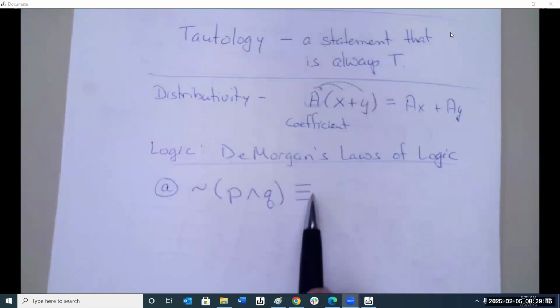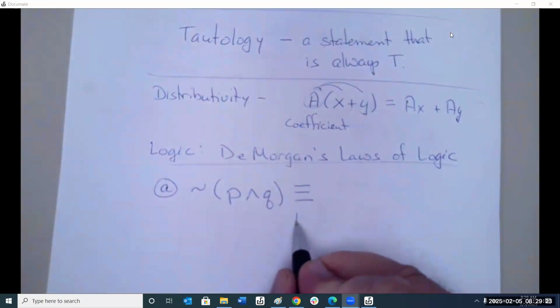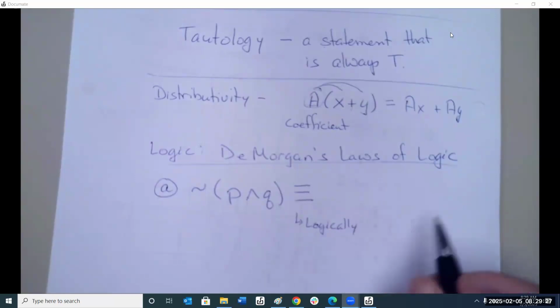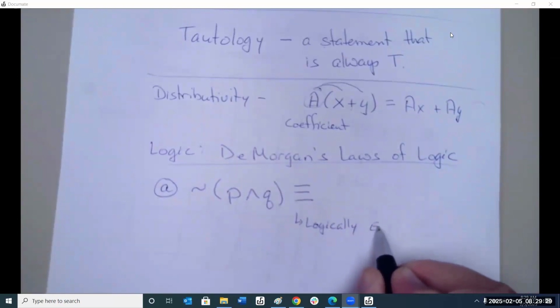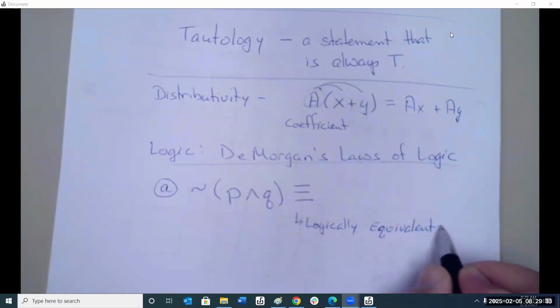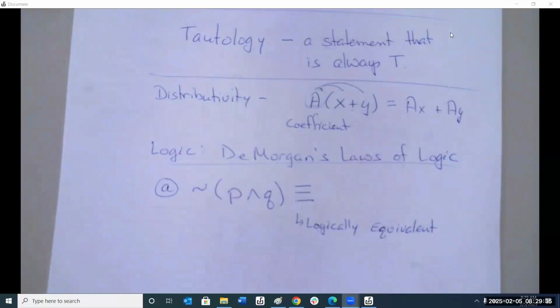Have you ever seen three equals signs before? These are called logically equivalent. What do you think logically equivalent means?